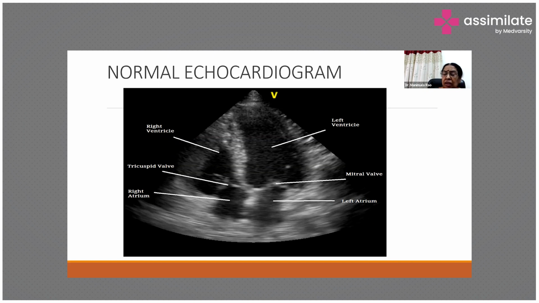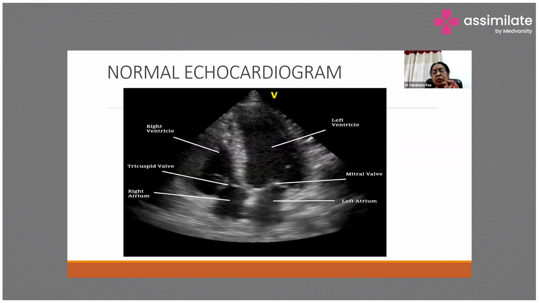Okay, so these are the various things which you normally make out, and this is the mitral valve, which is between the left atrium and the left ventricle, and the tricuspid valve, which all of you know. I'm just saying this is how the normal echo looks.